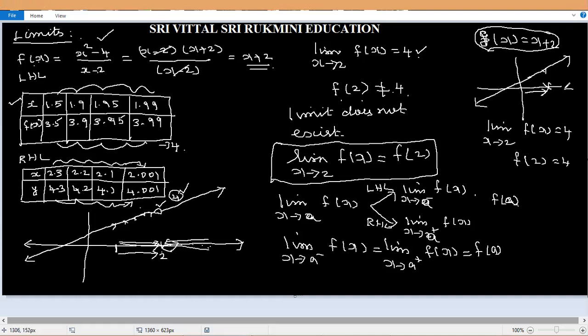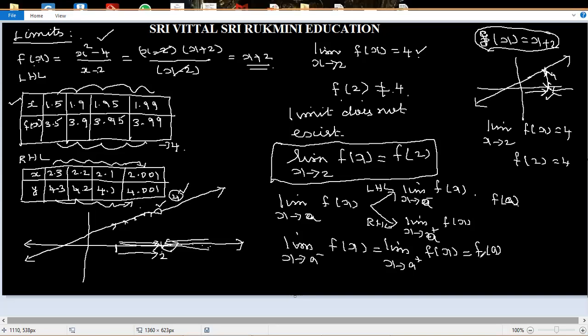And as the value of x reaches 2 from the right, f of x approaches 4. And at the point x equal to 2, the value of f of x is 4. Therefore, left hand limit equals right hand limit equals f of a. Therefore, the limit exists. If this is the case, then we say that the given function is continuous.